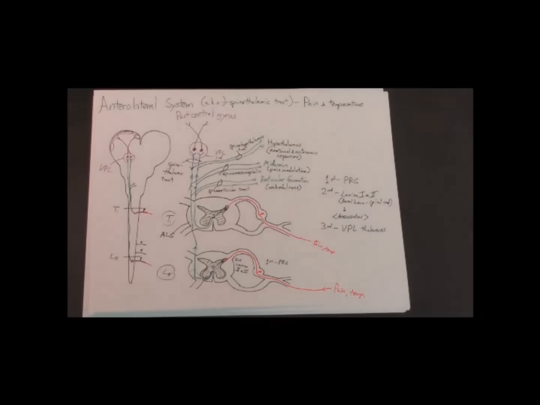That's pretty much it for the somatosensory system. We're going to come back in just a second and go through how lesions affect the different systems when they occur on the spinal cord.